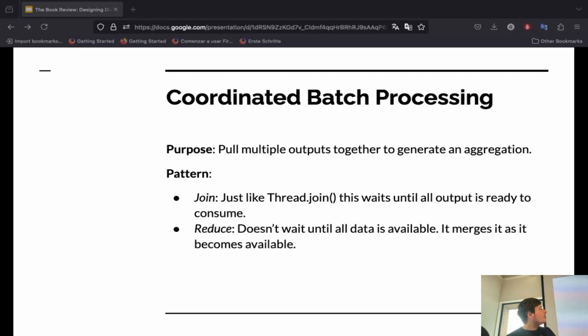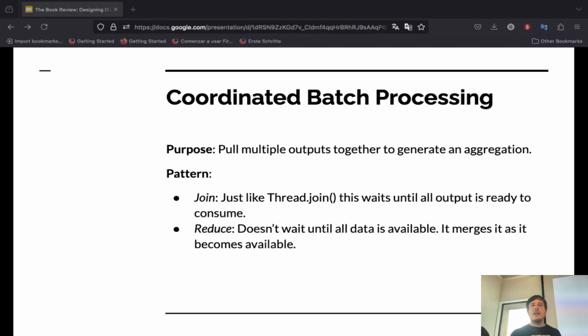So once we have all these work items, how do we pull them all together if that's something we need to do? And it mentions two patterns, join and reduce. Join would be something similar to thread.join that we have in Java, meaning that it doesn't produce any output until all the data is available.